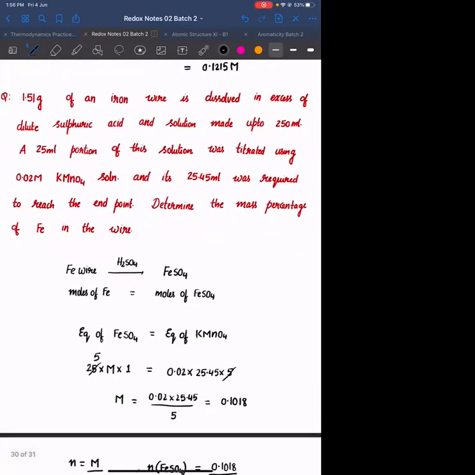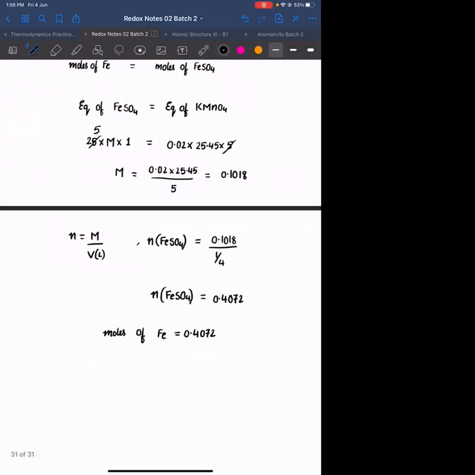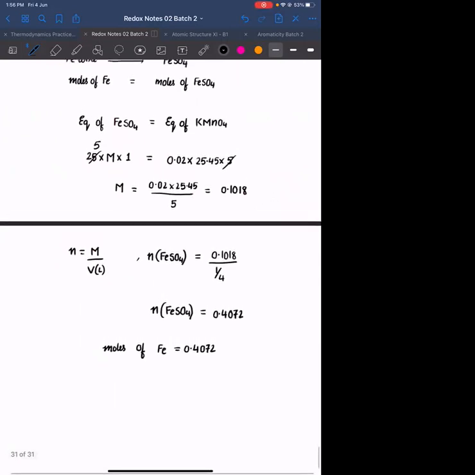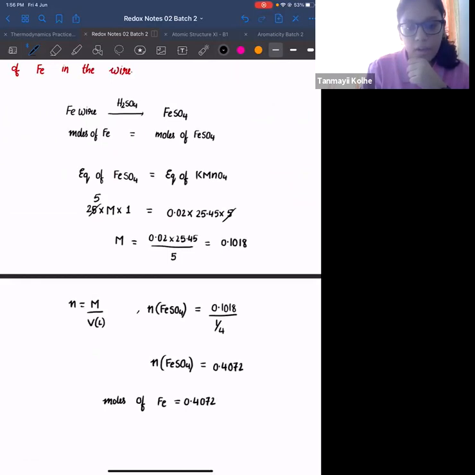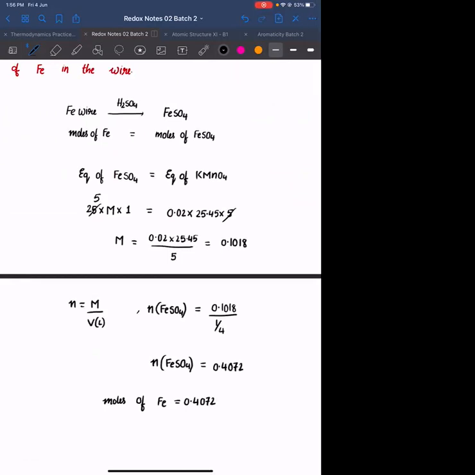Did I do something wrong somewhere? Sir, moles is molarity into volume, right? Yes sir, you have divided by volume, sorry. Into 1/4. I wrote the formula wrongly. Molarity is equal to moles upon volume in liters. Sorry. This has to be into 1/4. So what will be its value? 0.1018 divided by 4, which is 0.02545.